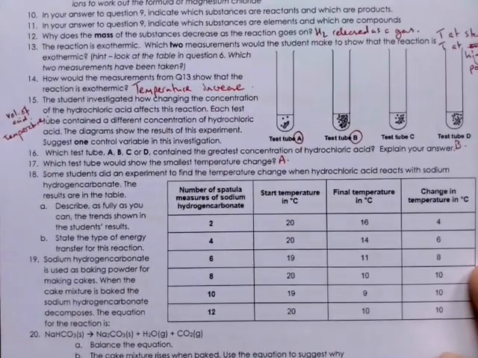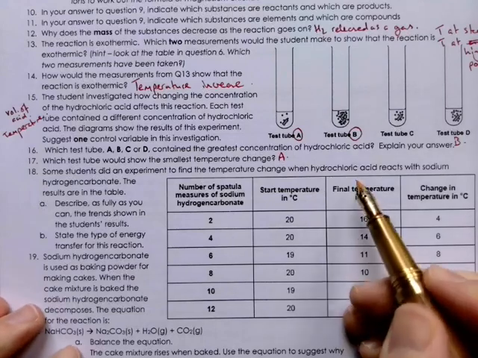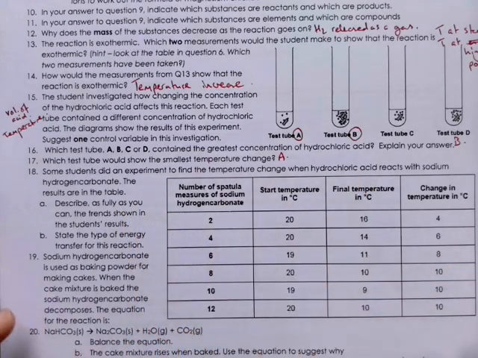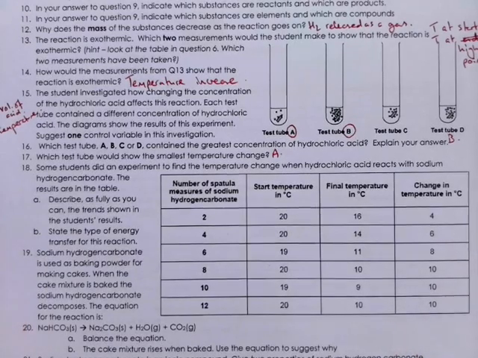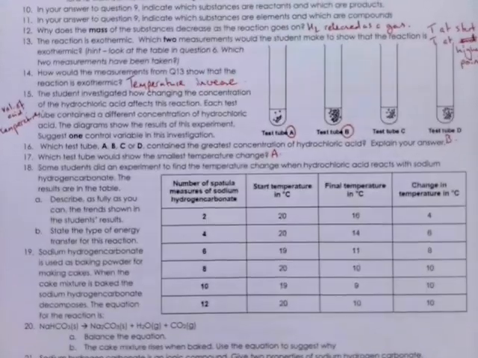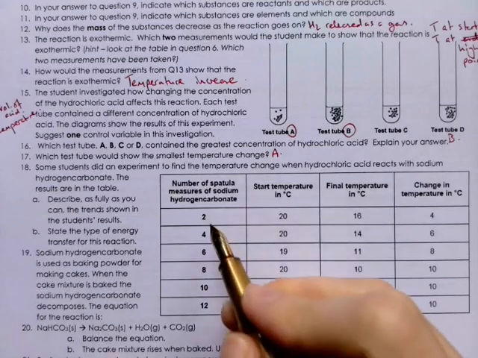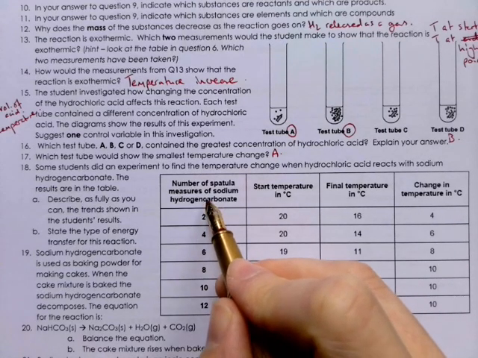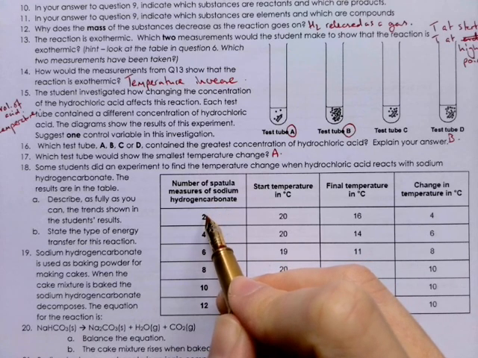Some students did an experiment to find the temperature change when hydrochloric acid reacts with sodium hydrogen carbonate. The results are in the table. Describe as fully as you can the trends shown in the students' results. So let's have a look. We are changing the number of spatulas of sodium hydrogen carbonate.